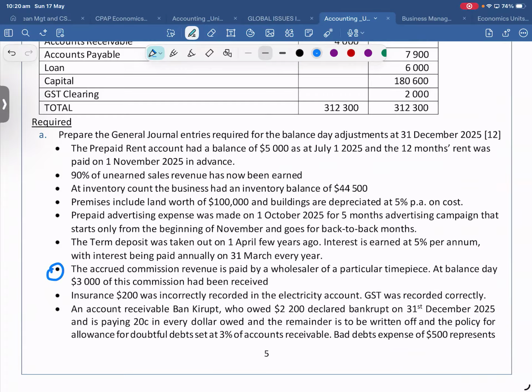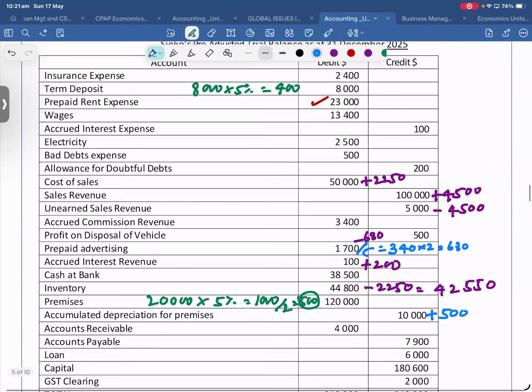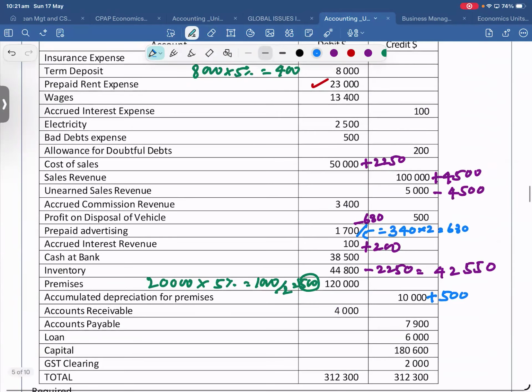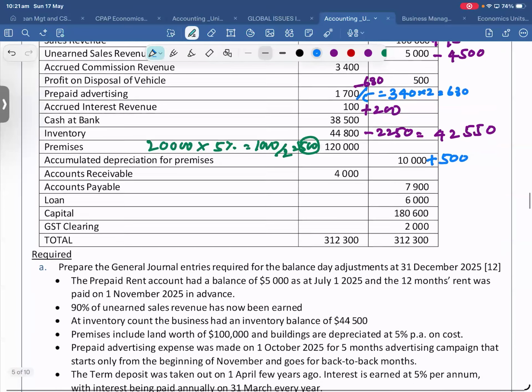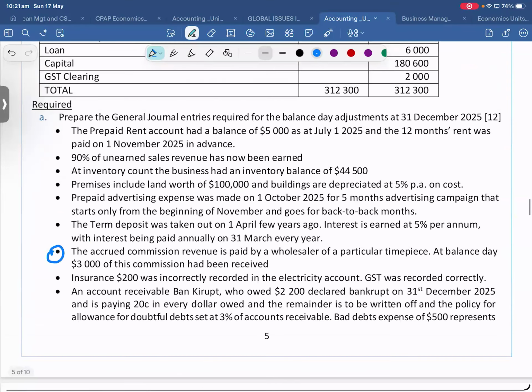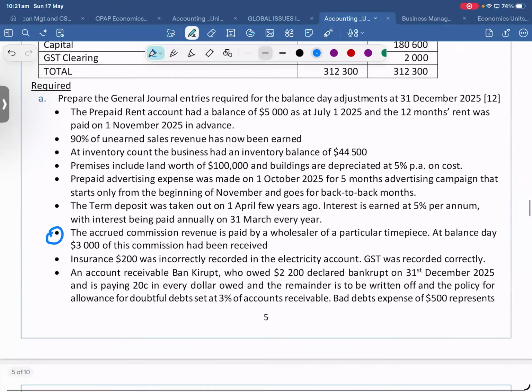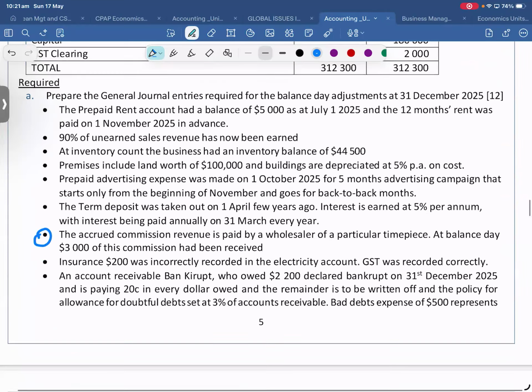Commission had been received from the... Hold on. Yes, accrued commission revenue we had for 3,400, right? So 3,000 had been received on the balance day. This one, you have to remember and understand.